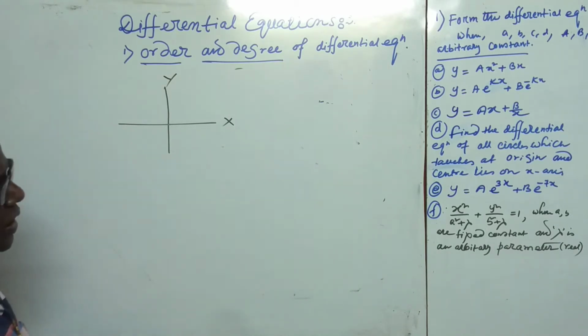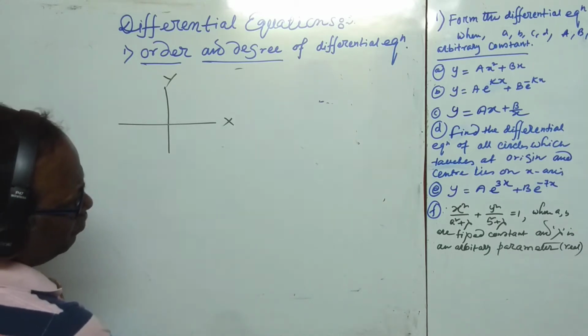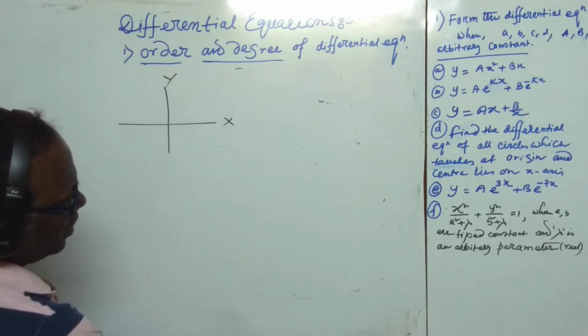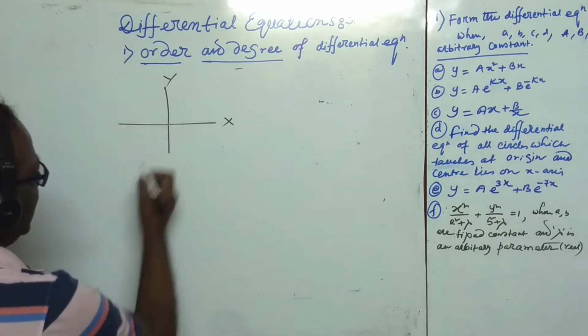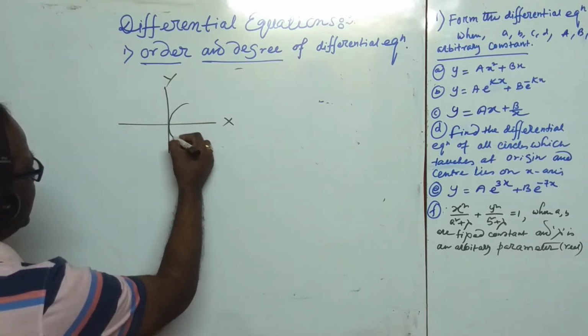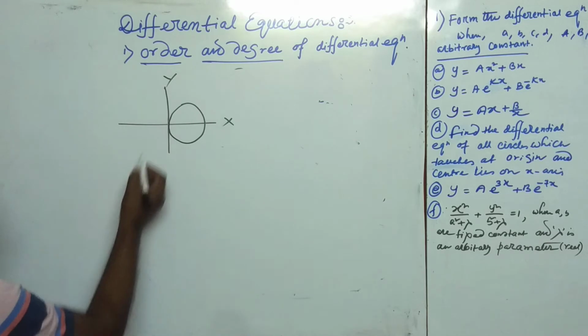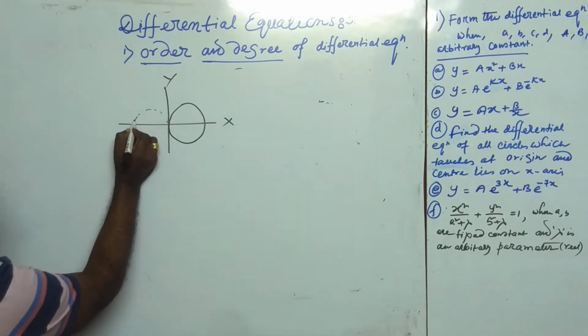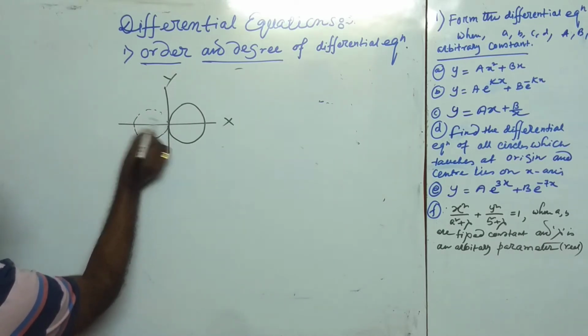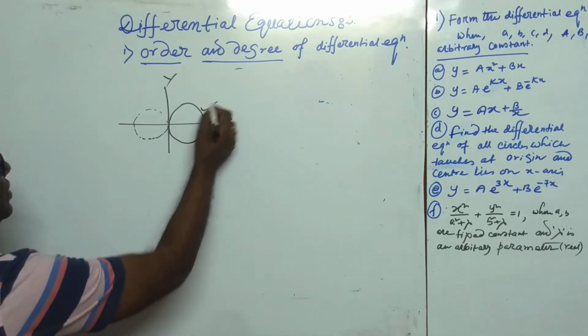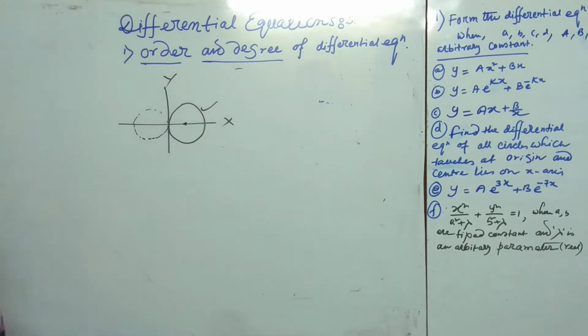Find the differential equation of all circles which touch the origin and whose center lies on the x-axis. It may be either this or this. Both differential equations are the same, so we take a single formation like that.